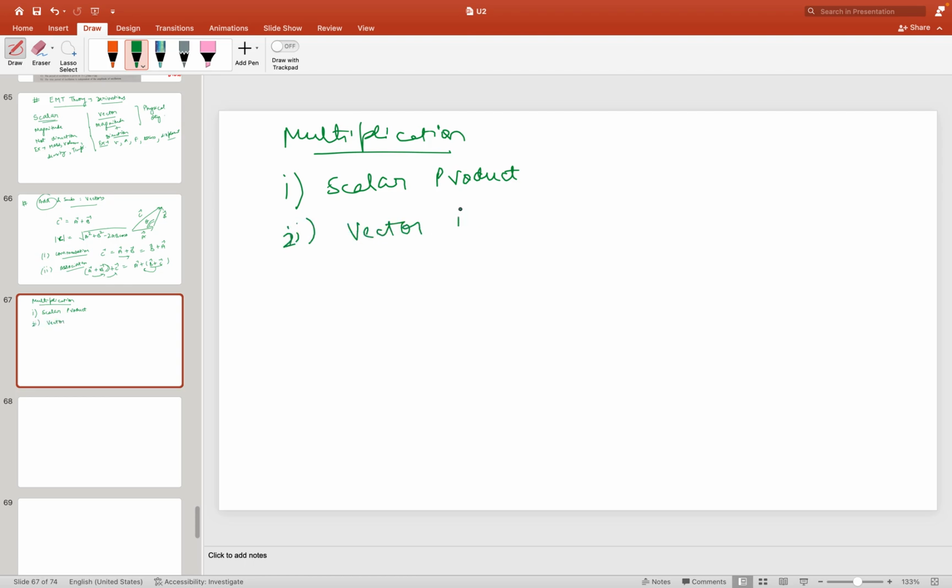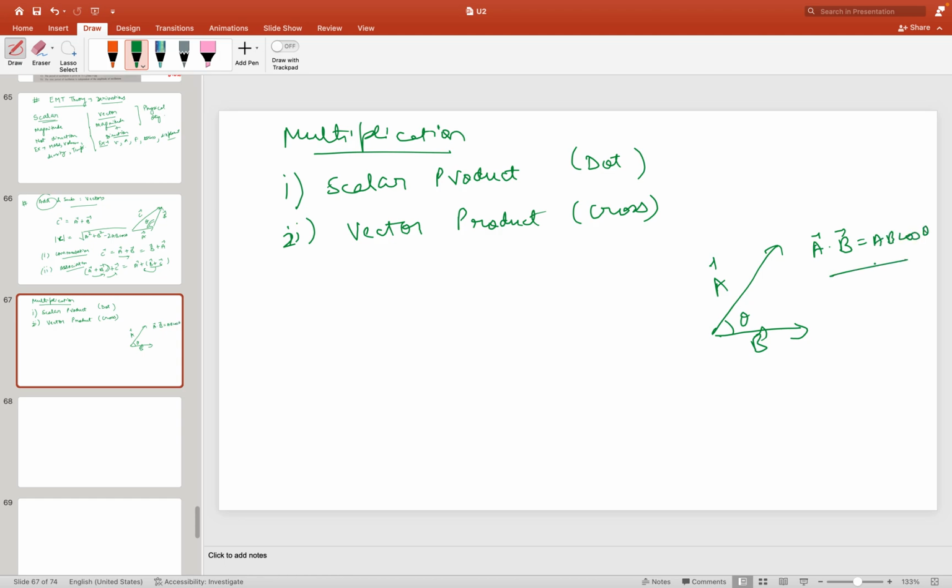Scalar product is also called the dot product, and vector product is also called the cross product. Now, if we want to find the scalar product of two vectors, A and B, making some angle theta, we can say A dot B is equal to AB cos theta, depending on the angle they make.